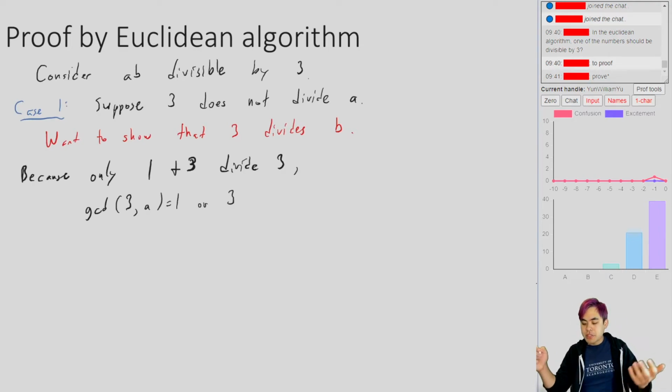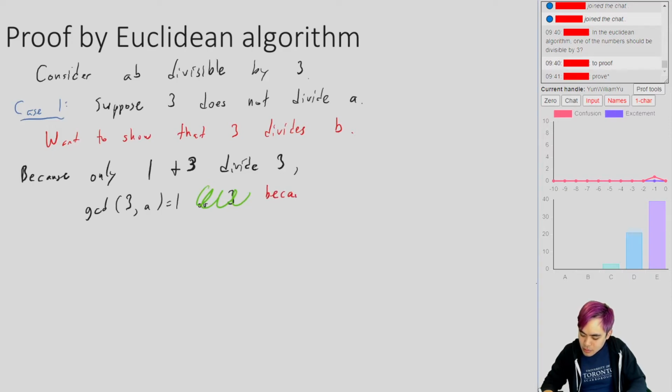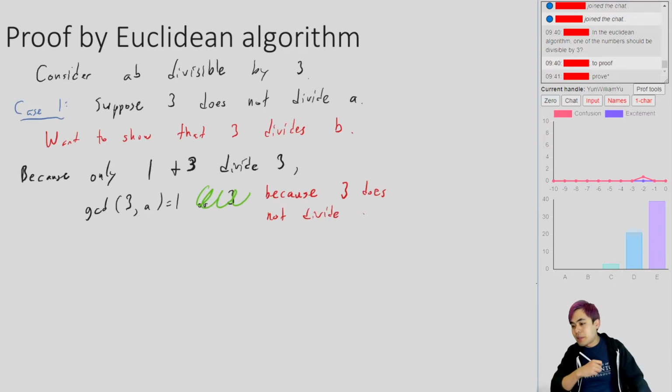But you'll notice that we also know that 3 doesn't divide A. So we can actually rule out the 3, because that was one of our original assumptions in this case.